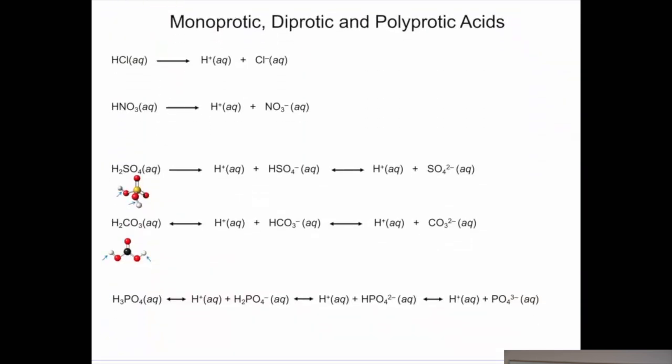This is actually a slide that I teach in Gen Chem 1 as well. It just reminds you of the different kinds of acids and bases that we have with respect to how many moles of hydrogen ions or hydroxide ions are produced for every mole of the acid or base that you put in there.